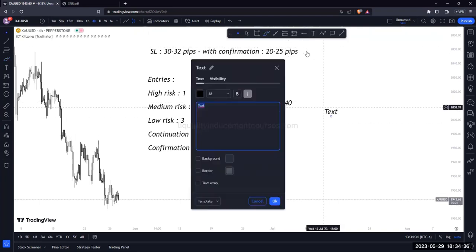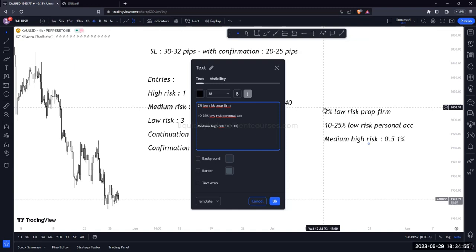For risk, 2% low risk on prop firm, and 2.5% low risk on personal account. Medium and high risk is from 0.5 to 1% on prop firm, but I don't suggest you even take that on a personal account.